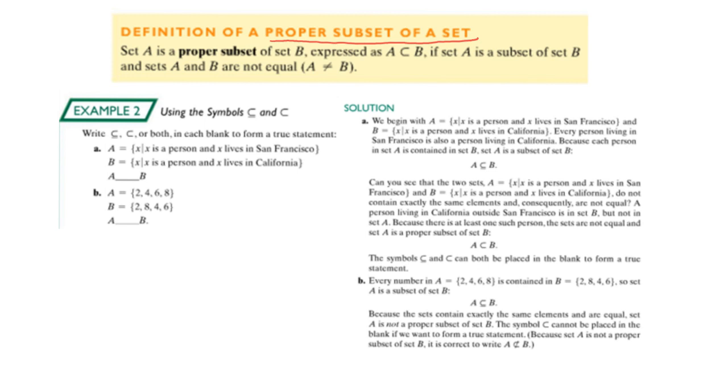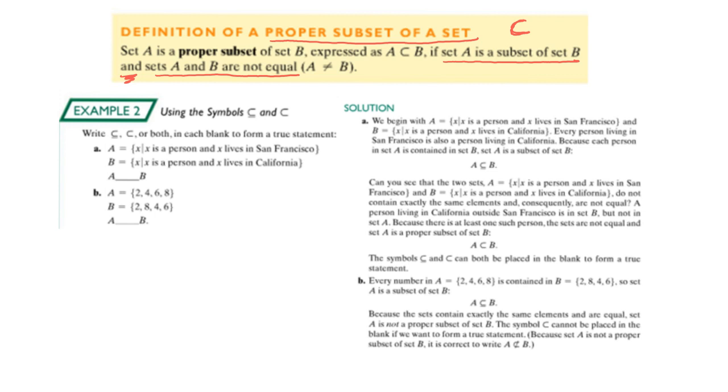The definition is: set A is considered a proper subset of set B, expressed with that C-looking symbol, if A is a subset of B and sets A and B are not equal. So there are two conditions for a proper subset: A has to be a subset of B, and A and B cannot be equal.